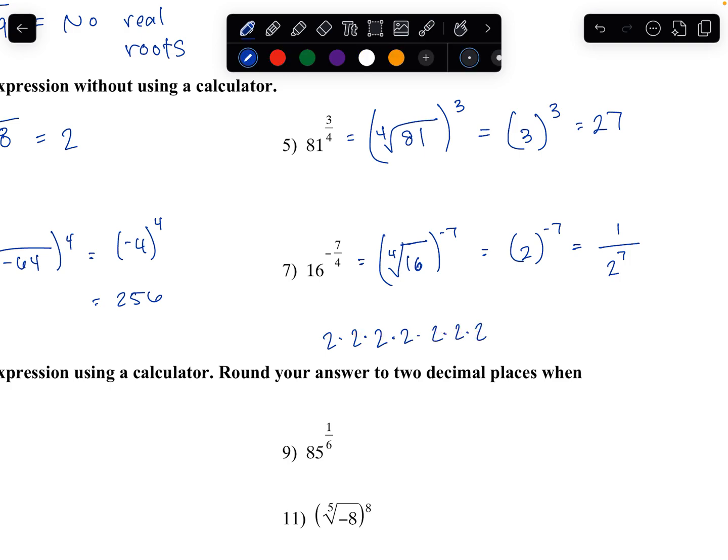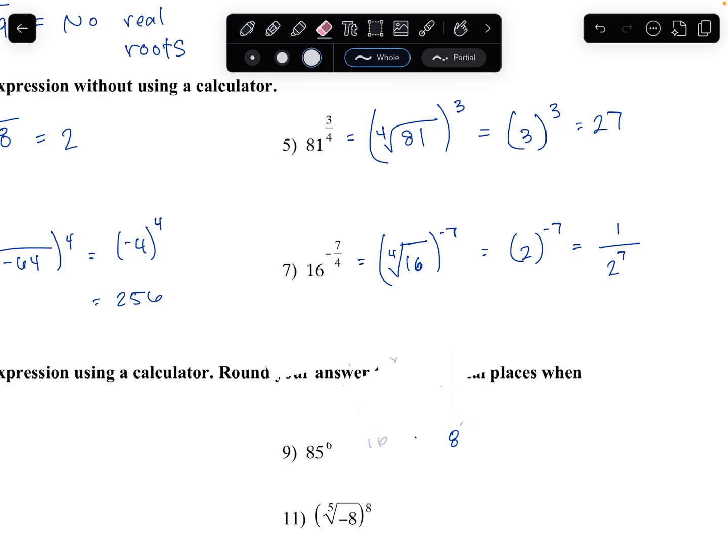Okay, so then I know 2 times 2, that's 4, and that's 4 times 2. 4 times 4, this right here is going to be 16. This here is going to be 8. 8 times 16, which I don't know off the top of my head, I'm just going to use a calculator, is 128. So this right here is going to be equal to 1 over 128.